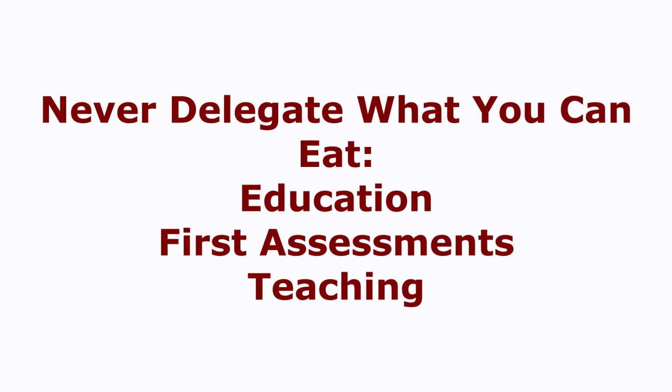Number 2, never delegate, RNs, never delegate what you can eat, never delegate education, first assessment, and teaching. LPNs for the NCLEX, you will not educate, you will not do first assessments, and you will not teach. You will ask the client to demonstrate their understanding.